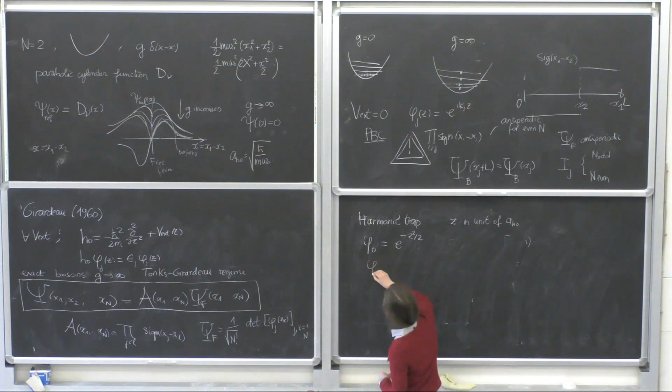And phi 1 is z e to the minus z square over 2.